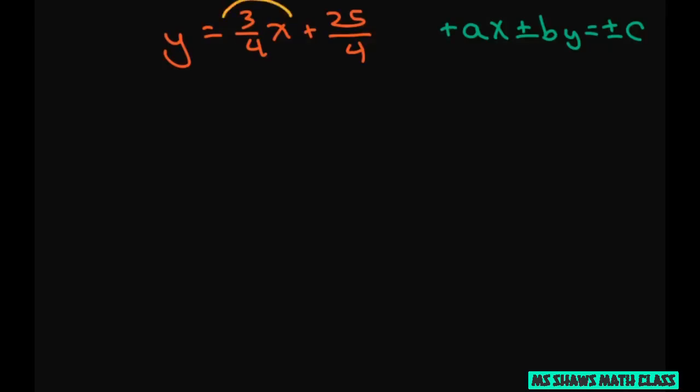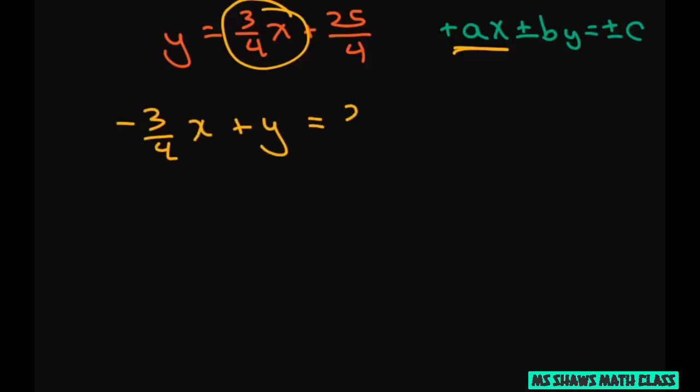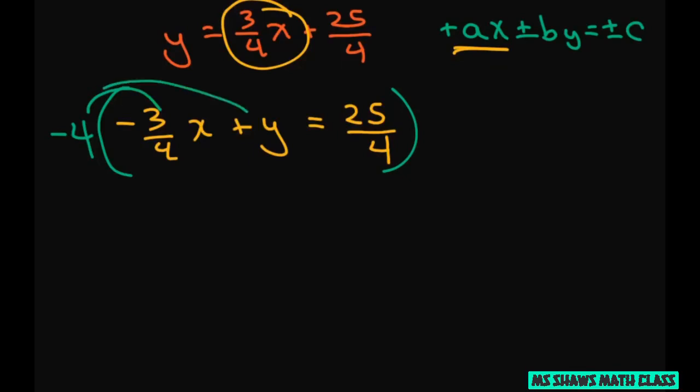So what I'm going to do is move this guy over to put him first, the x, -3/4 x plus y equals 25/4. Now, can't have fractions, can't have a negative. So what I'm going to do is multiply each term by -4. So this is going to be 3x minus 4y equals -25.